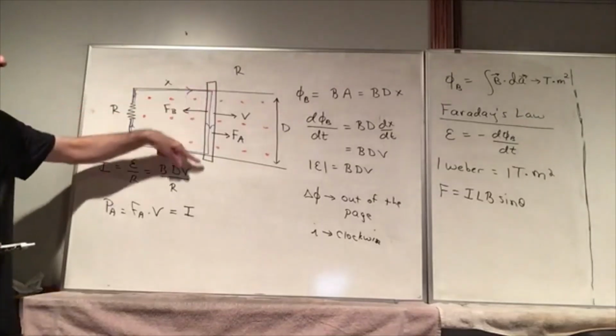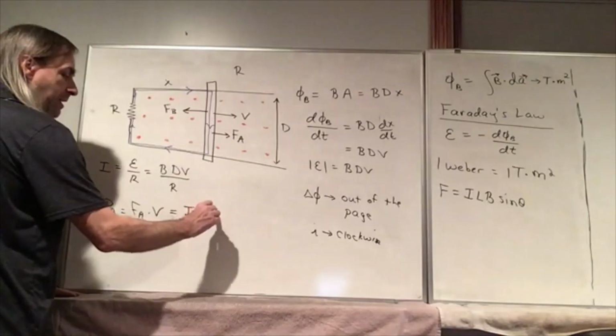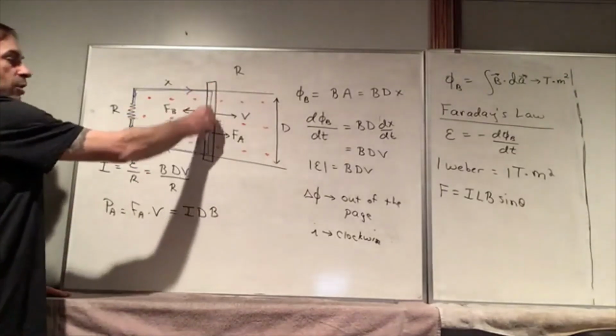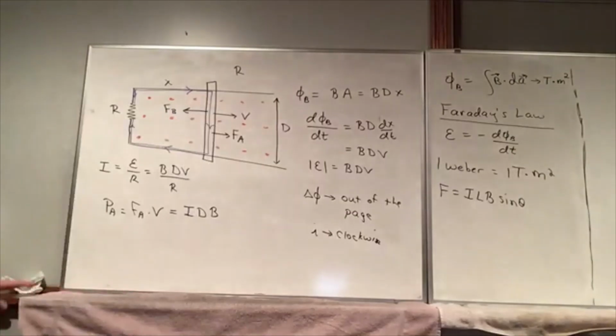Now the length is d. B is that external field, which is just given, and theta is 90 degrees. The theta is the angle between the current and the magnetic field. So there we go. Okay, so that's the power that is applied.